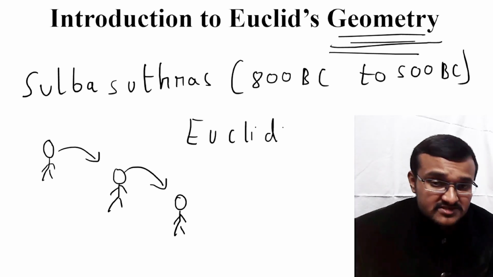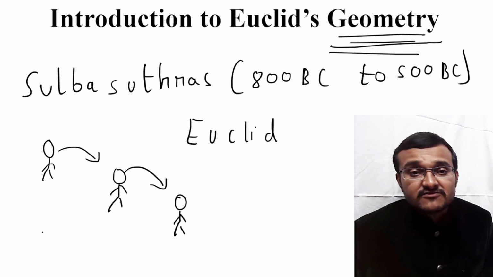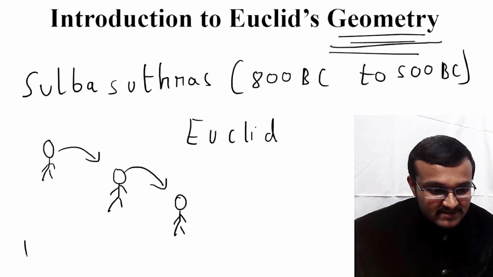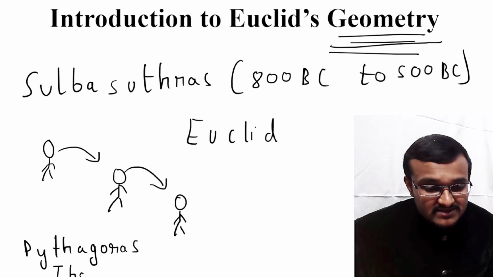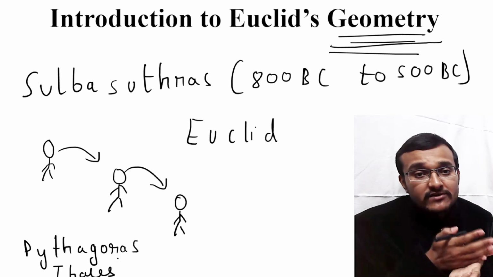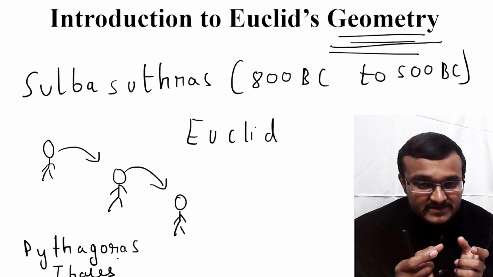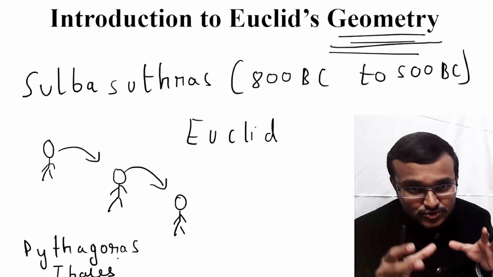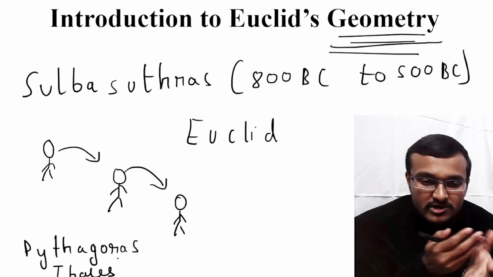There were famous mathematicians who discovered many theories related to geometry. For example, Pythagoras was there, Thales was there, and various other mathematicians developed their own theories in geometry.